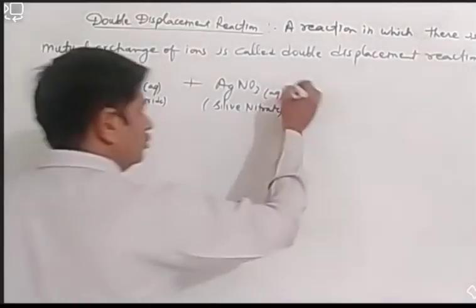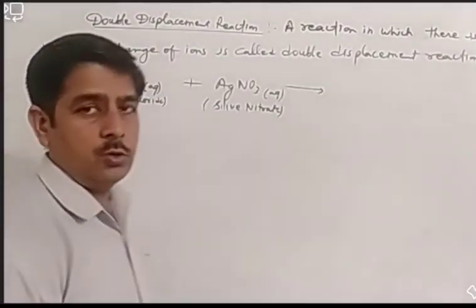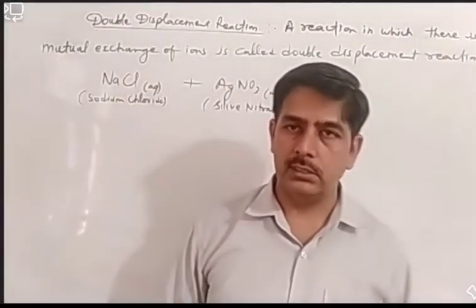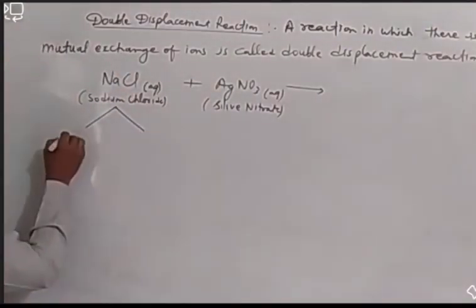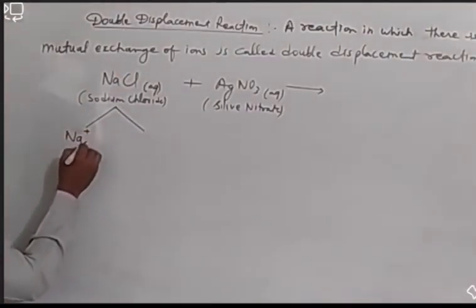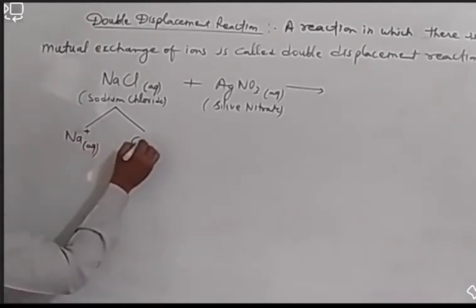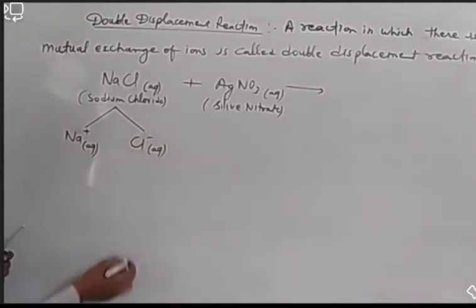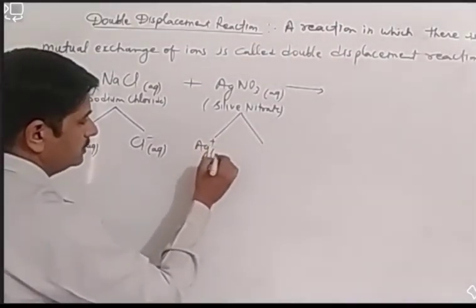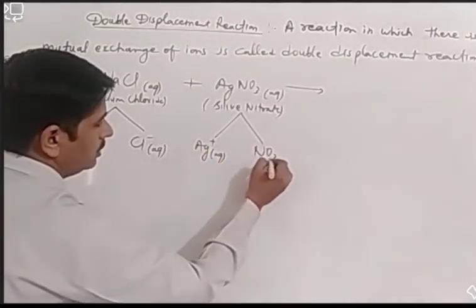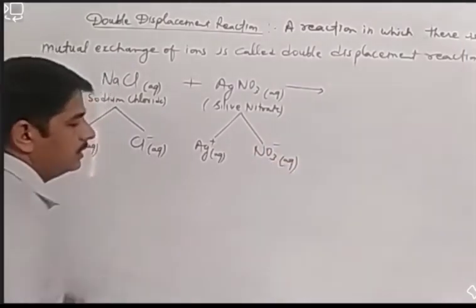As we know, in aqueous solution salts dissociate into ions. So NaCl will dissociate into Na+ (aq) and Cl- (aq), and AgNO3 will dissociate into Ag+ (aq) and NO3- (aq).